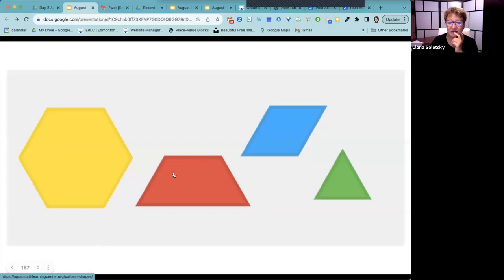And I compared everything to the yellow. So the red trapezoid was half of the hexagon. The green triangle was 1/6 of the hexagon.